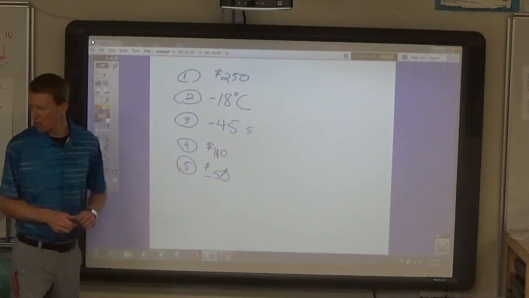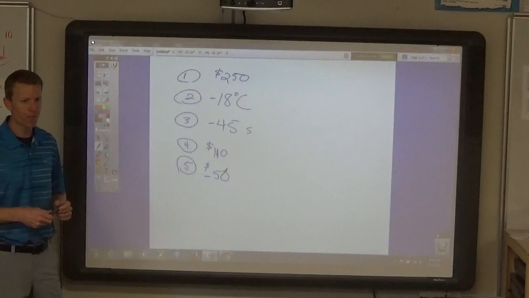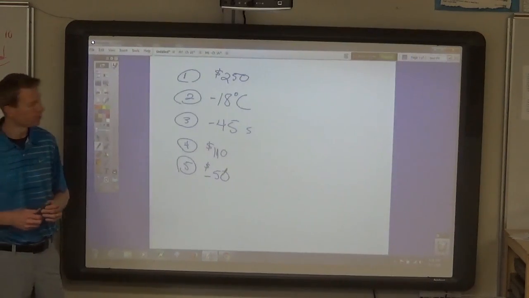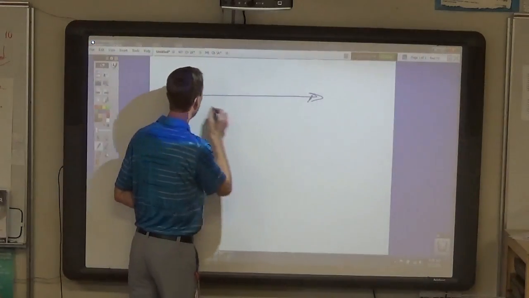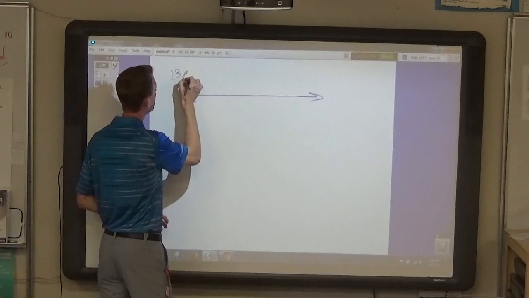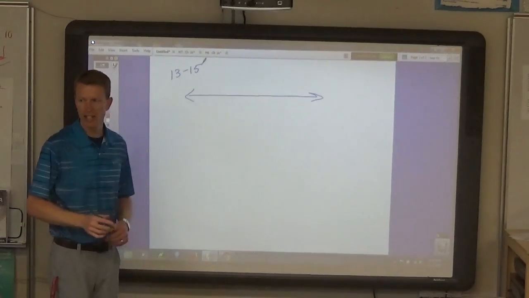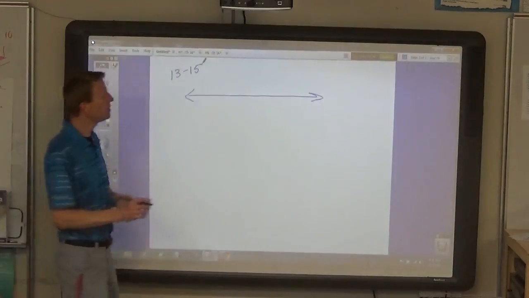Then, in numbers 13, 14, and 15, you're asked to graph those integers on a number line. So, on your number line, draw a line, and you can write 13 through 15 on your number line. You only have to draw one number line. Put 0 in the middle.